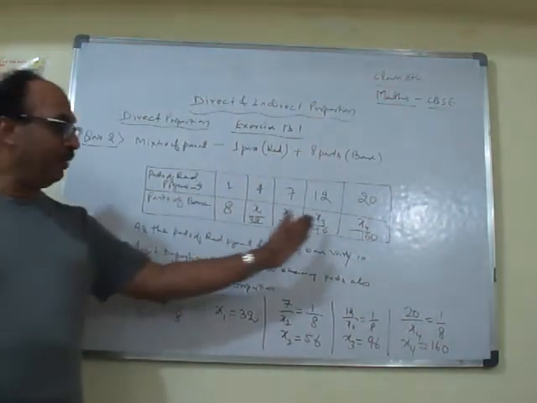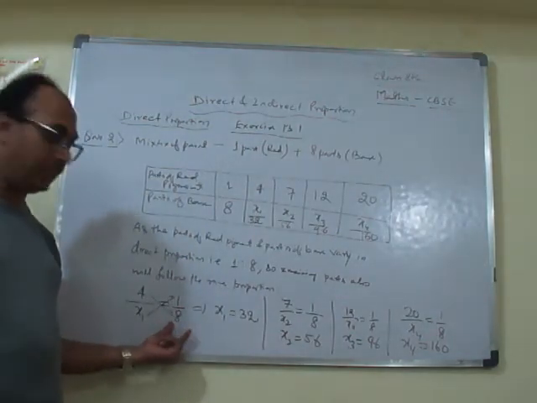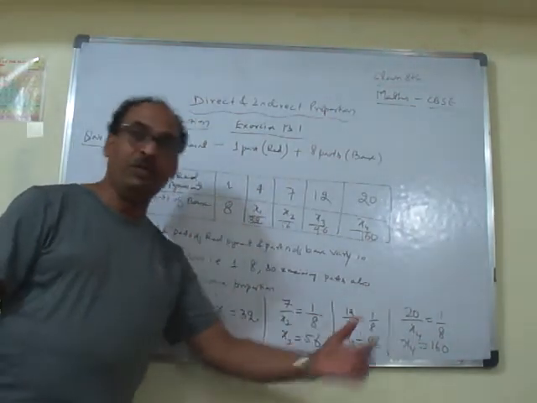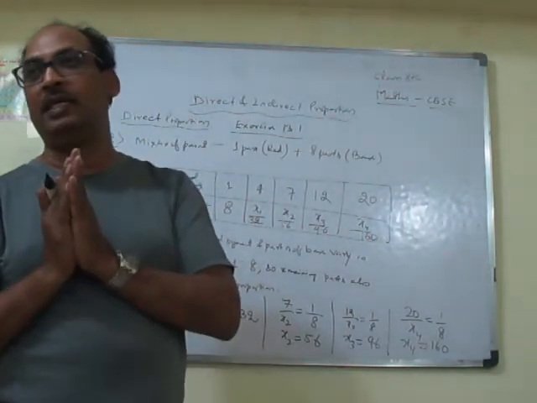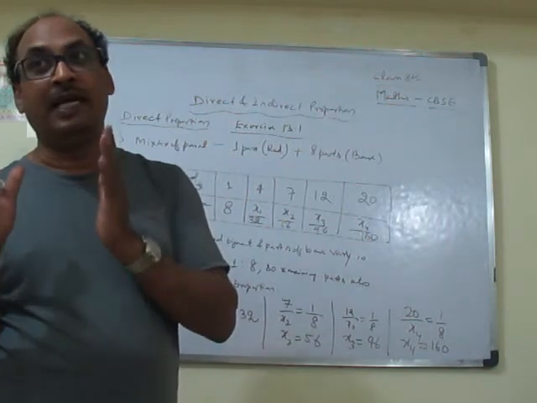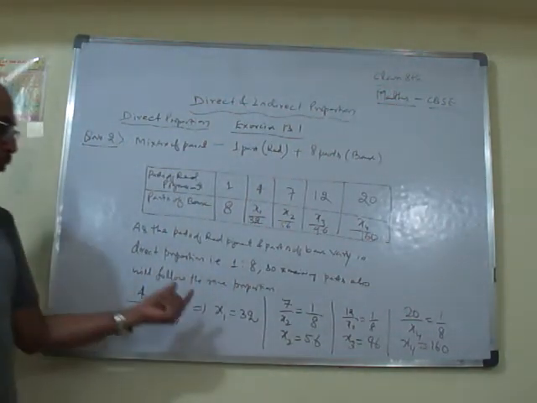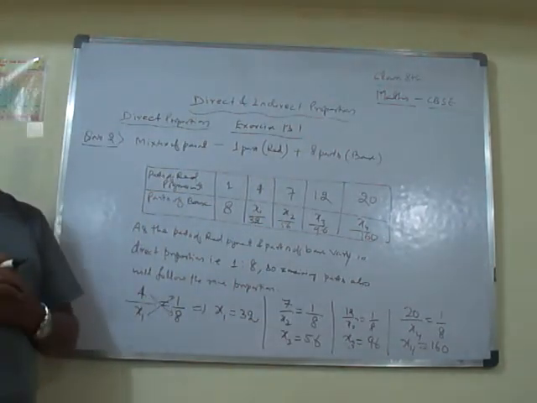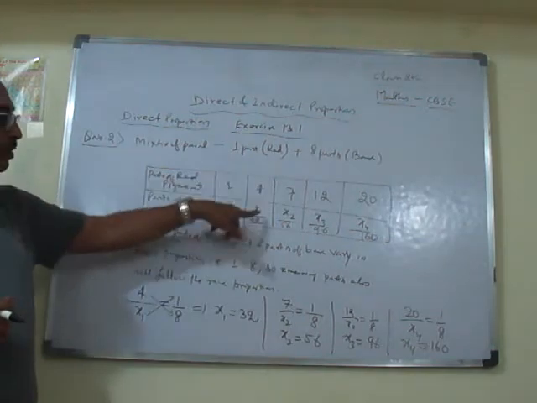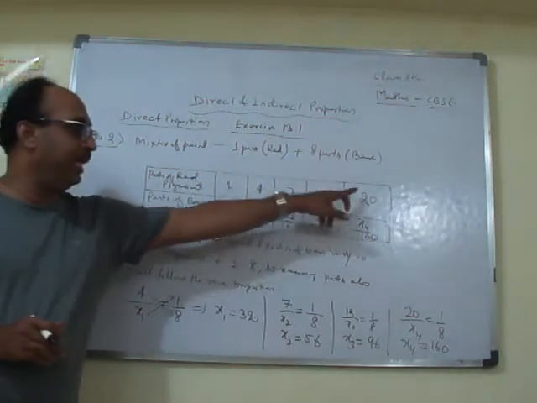So in this way we can fill it. We have to maintain this proportion constant everywhere, as it is varying directly. Direct proportion will always give you a constant value in each and every case: 1 by 8, 1 by 8, 1 by 8, 1 by 8, 1 by 8.